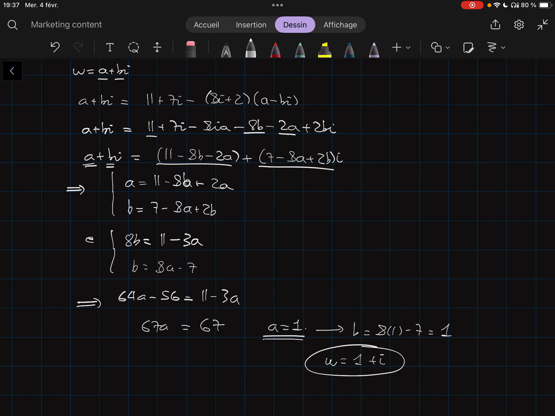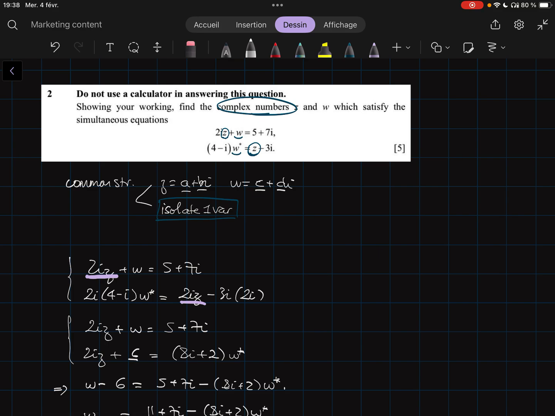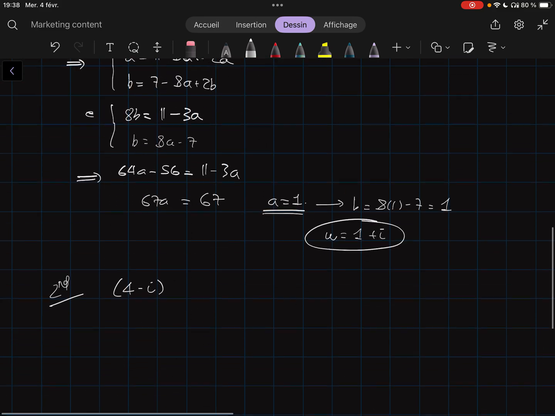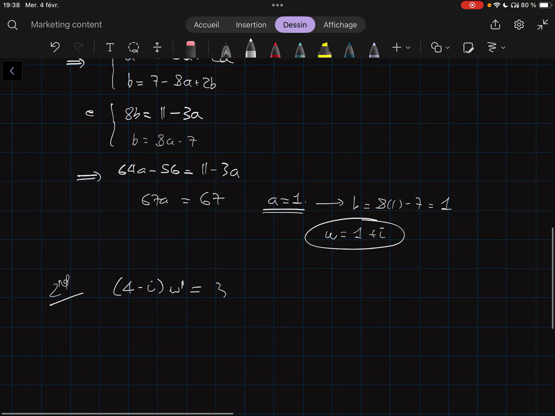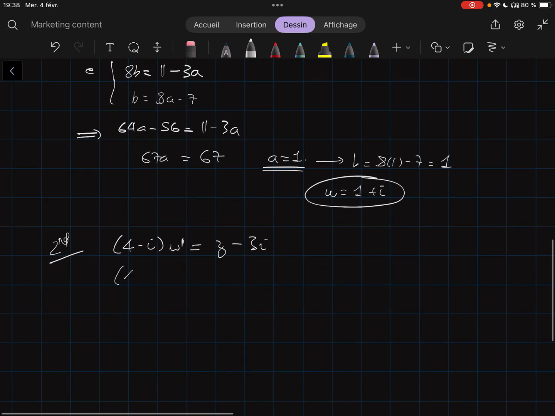We can now plug w back into our equation. Second equation, 4 minus i times w star is equal to z minus 3i. w star is 1 minus i.